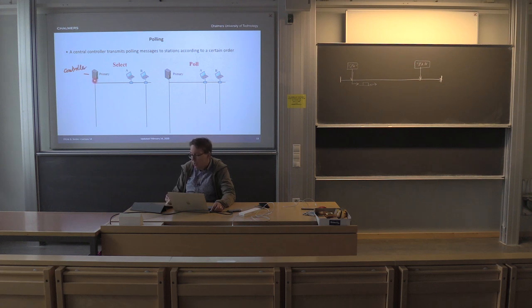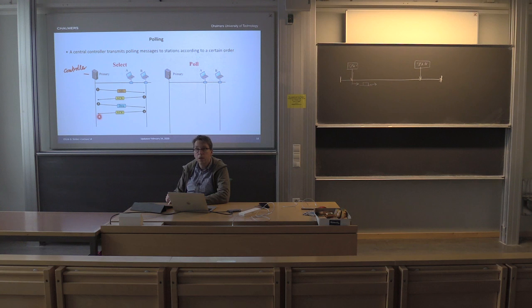So if the controller would like to send some data to A or B, what the controller does is that it transmits a message to select one of the nodes, in this case node B. So it sends a special message over the medium, and then node B will answer in response to this with an acknowledgement, and then data goes from the primary to B. Which means that the primary selects B, B says, okay, I'm ready to receive some data, and then B gets some data, and B acknowledges this.